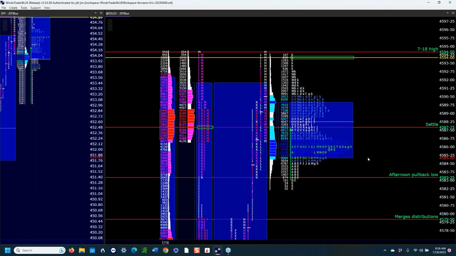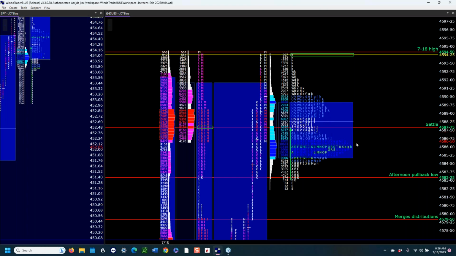Now, the other thing I want to mention is today, I believe, is the monthly options expiration. Sometimes that will add a little bit of additional volatility to the market. So overnight inventory is about balanced. The very prominent point of control is 22 wide. Good chances that gets revisited.